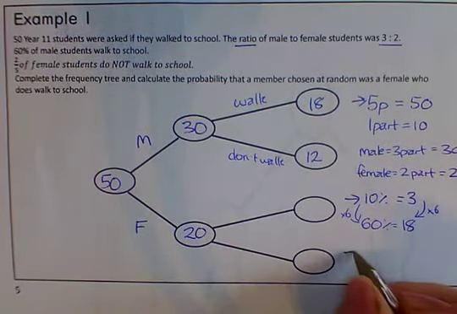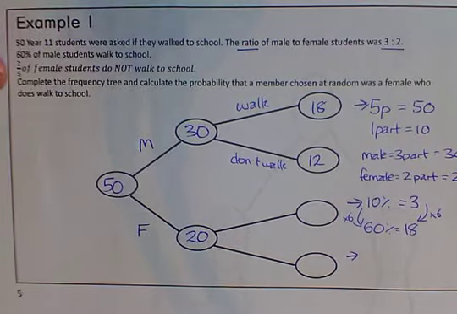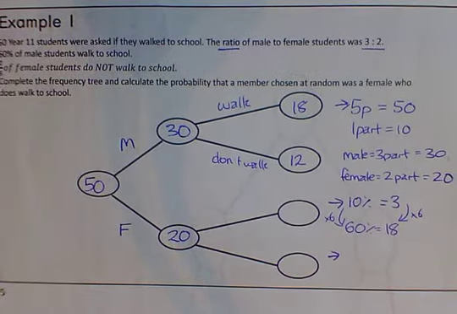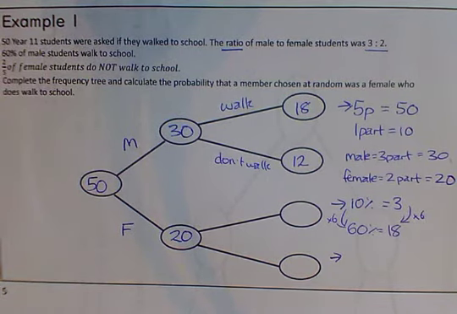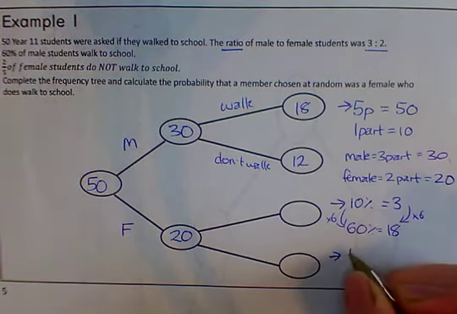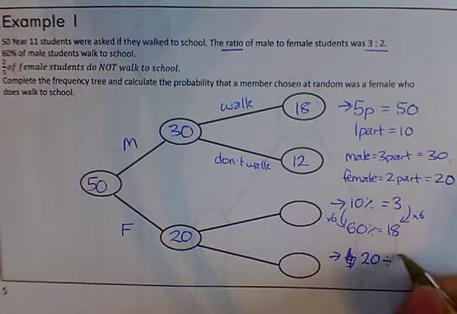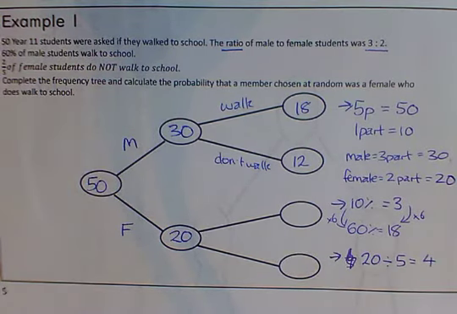Okay, final piece of information that I'm given is that 2/5 of female students do not walk to school. So if 2/5 of female students don't, we need to find out what 2/5 of 20 is. So we're going to divide by the bottom, so we'll divide by 5. 20 divided by 5 is 4.